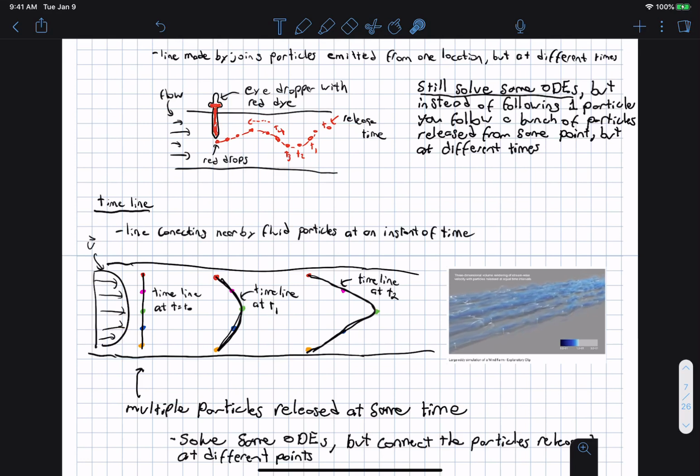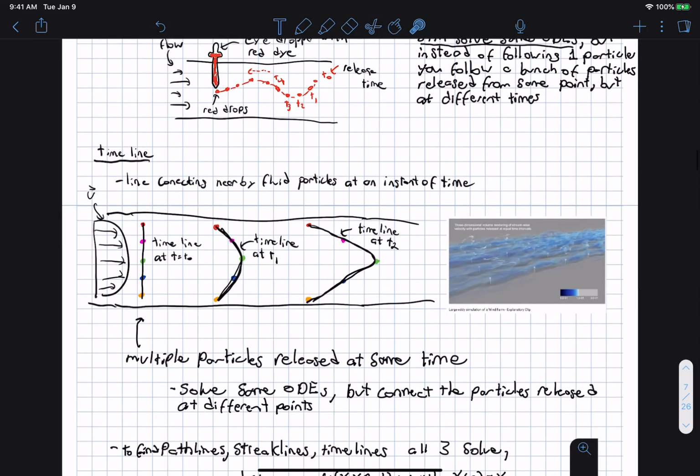For a streak line, you release a bunch of particles from the same spot at different times, and then at some time t, you take a photograph, and then connect the dots. And for timelines, you release a whole bunch of particles in a line, and then basically follow that line.